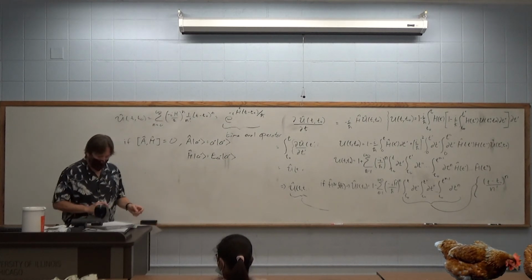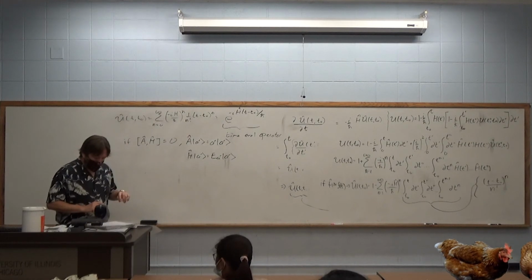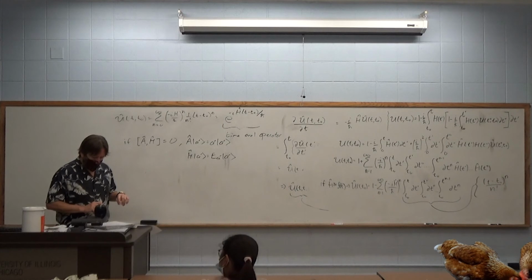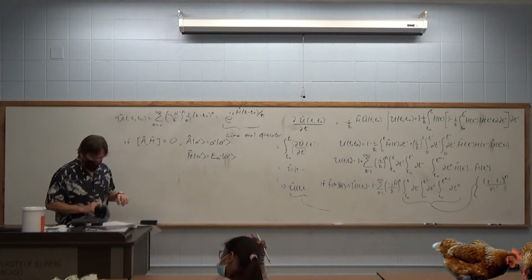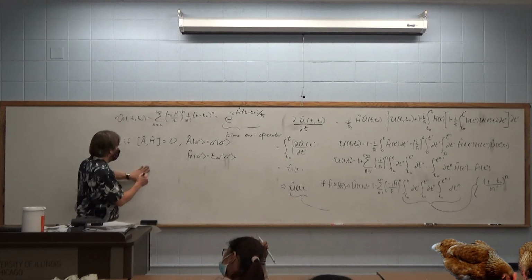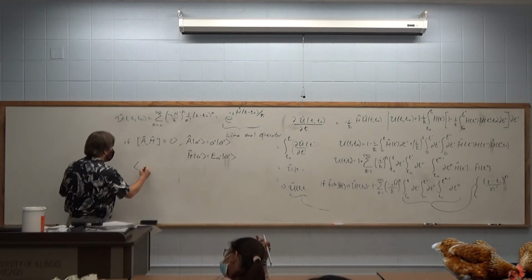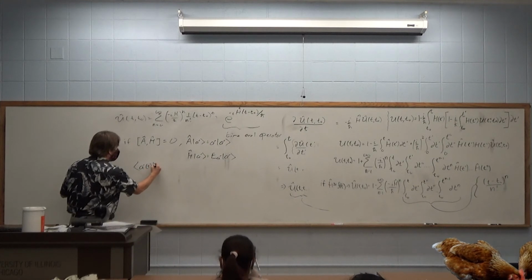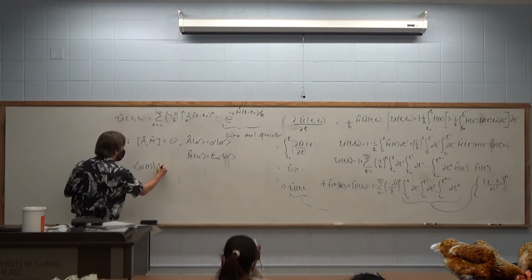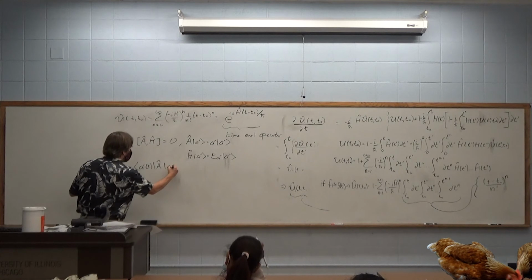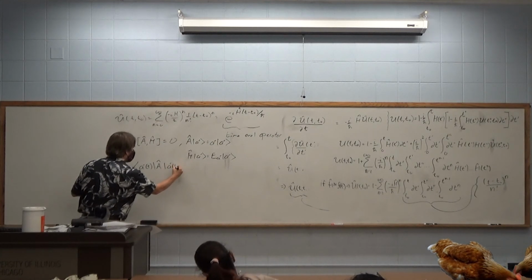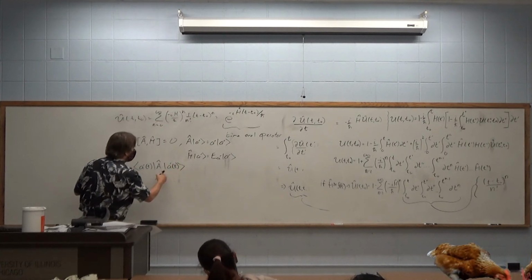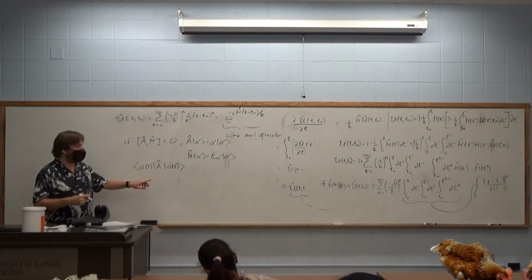It tells me spin and it tells me the energy, whatever the operators are. So that's cool. And what I can tell you real quick is that it looks like I've run out of time. What we're going to do next time is evolve the ket, and then we're going to see how our expectation value changes.